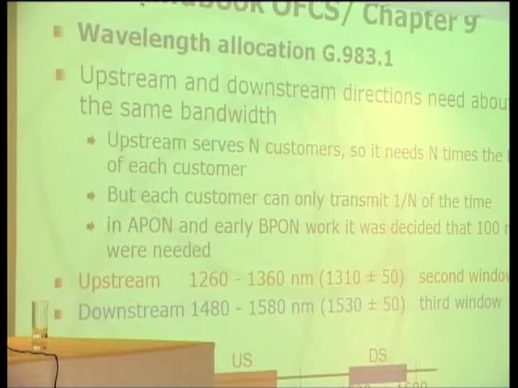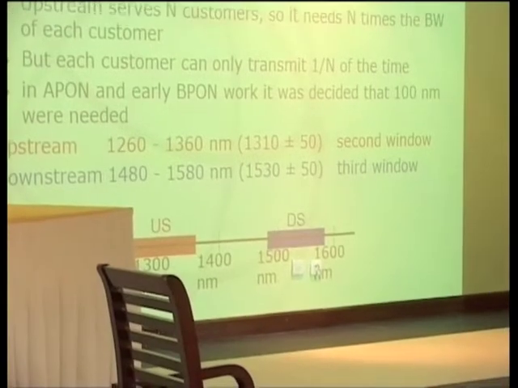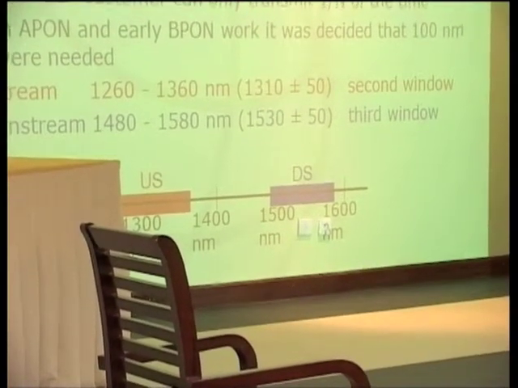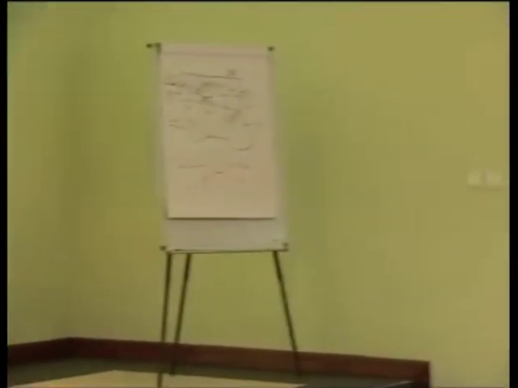Components working in the second window are less expensive in general than components working in the third window. So since you have just one optical line terminal and a lot of optical network units, which means a lot of users, it's better to put the laser which costs less on the side where you have a lot of lasers, which means the ONU.